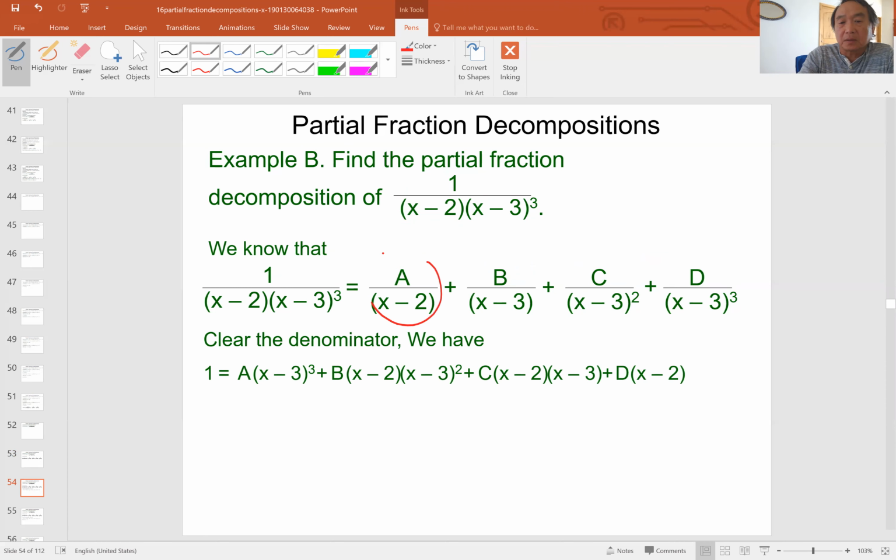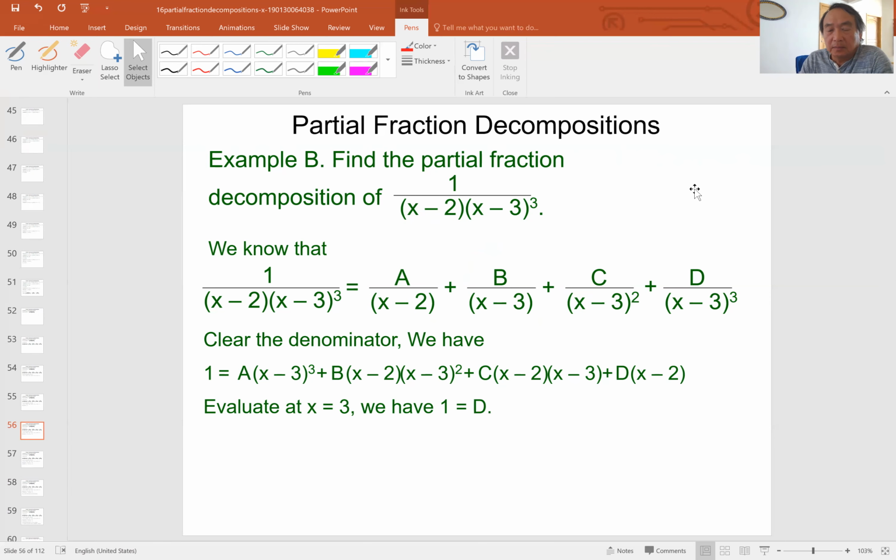In other words, for these linear first-degree terms, we can make them disappear and fish out the constants. Plugging in 3, I fish out D. If I plug in 2, I get A is minus 1. This is as much as we can get easily by evaluation.